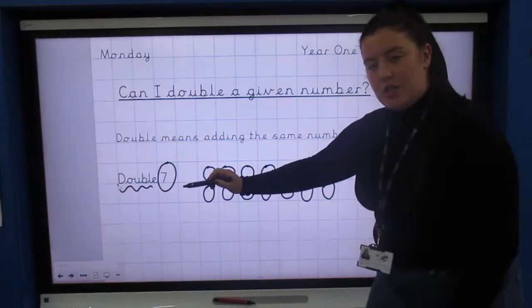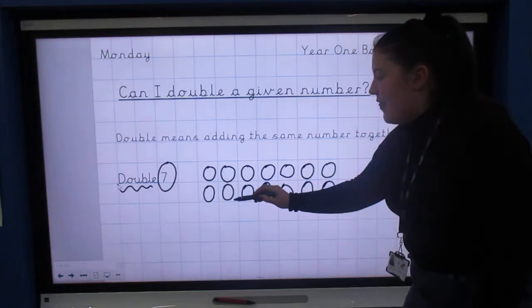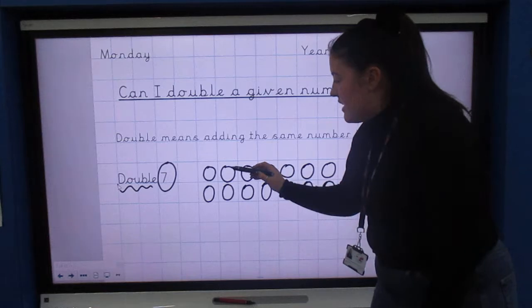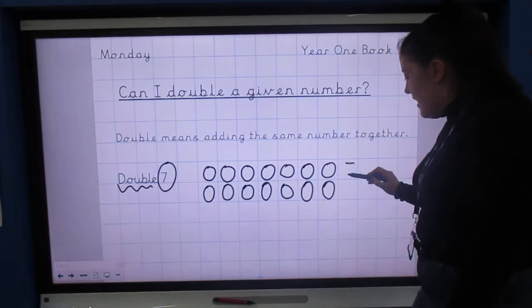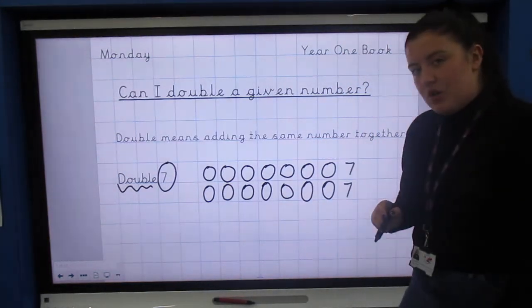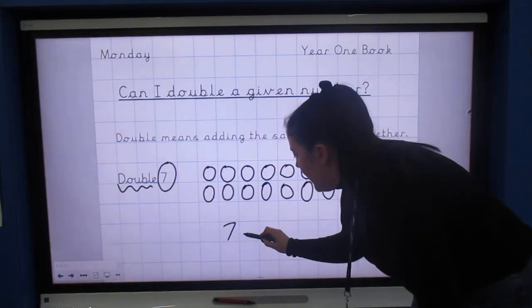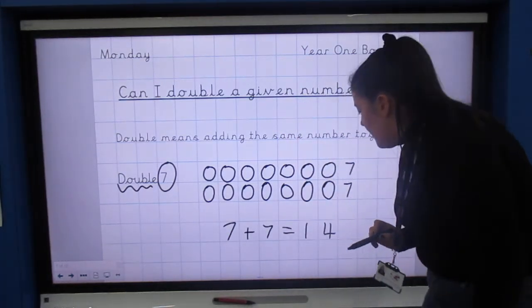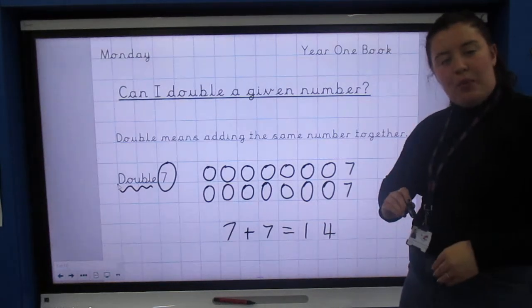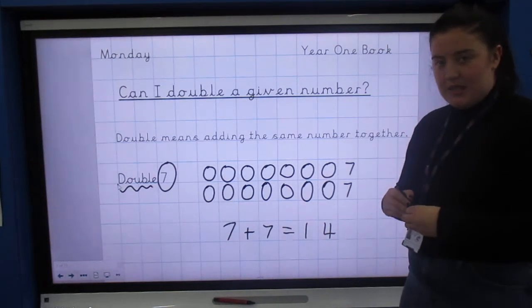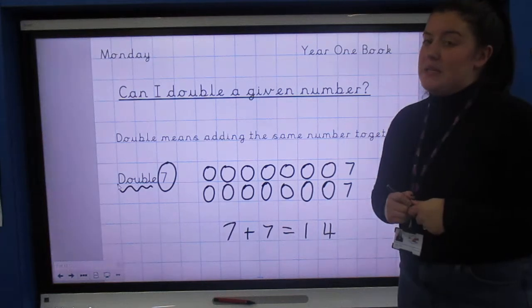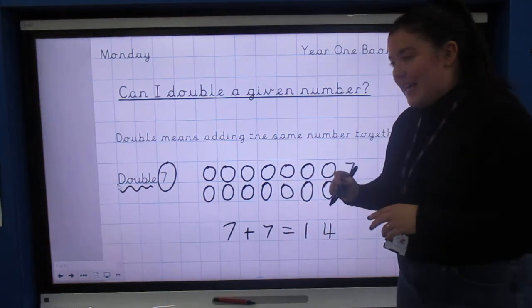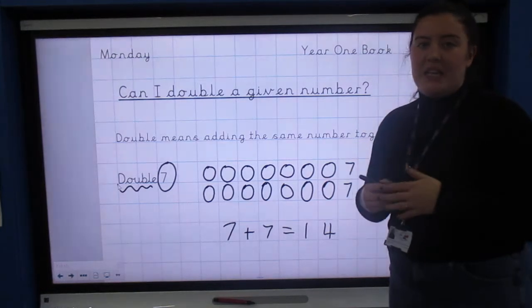There's my second lot of 7. And when I add them all together, we have 14. So 7 add 7 is 14. And we can write that in a number sum. 7 add 7 equals 14. Okay, can you see how when we double a number, we're adding the same amount to itself? And it's also the same as saying 2 lots. 2 lots of 7 equals 14, and that is what doubling is.